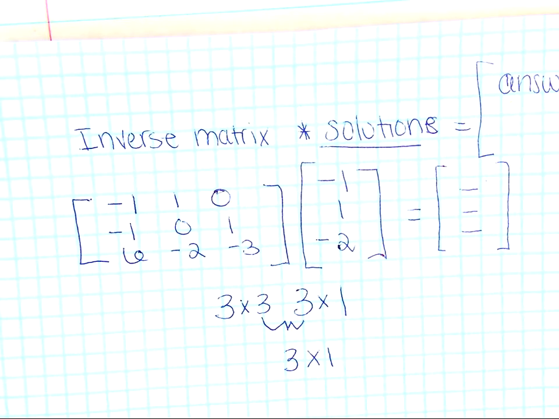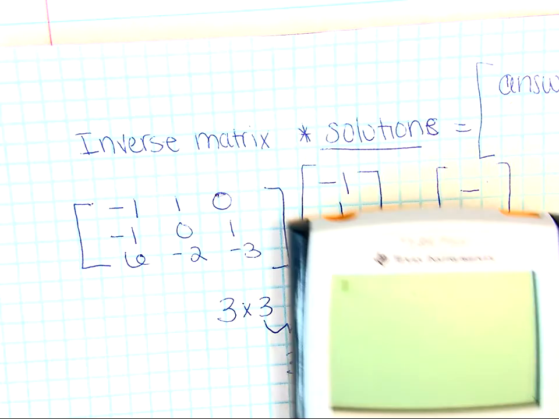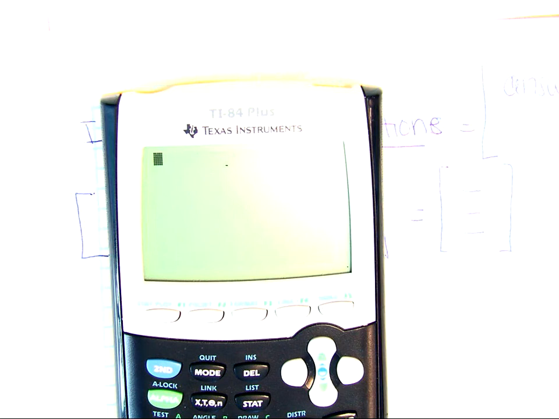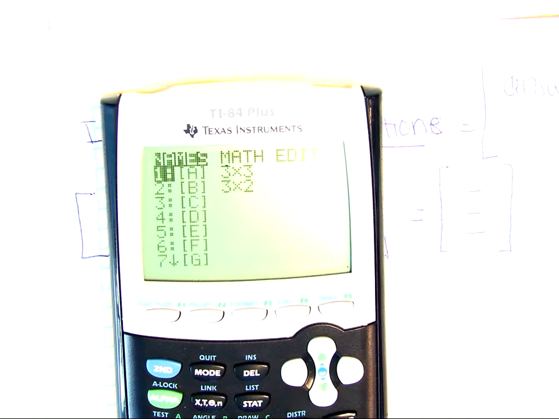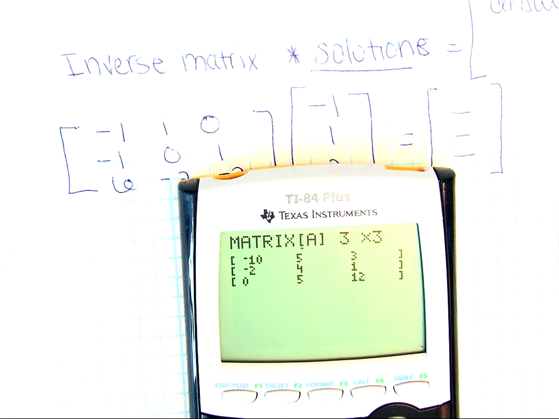So this would be where you could just use your calculator like I showed you how to do in class yesterday. So you would go to matrix, so second matrix. Remember the matrix button is right here. And then I would edit A, and I'm going to put in my inverse matrix.